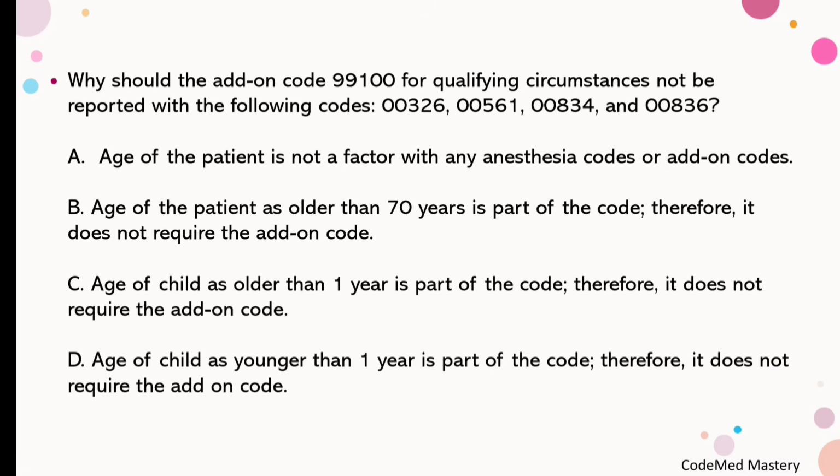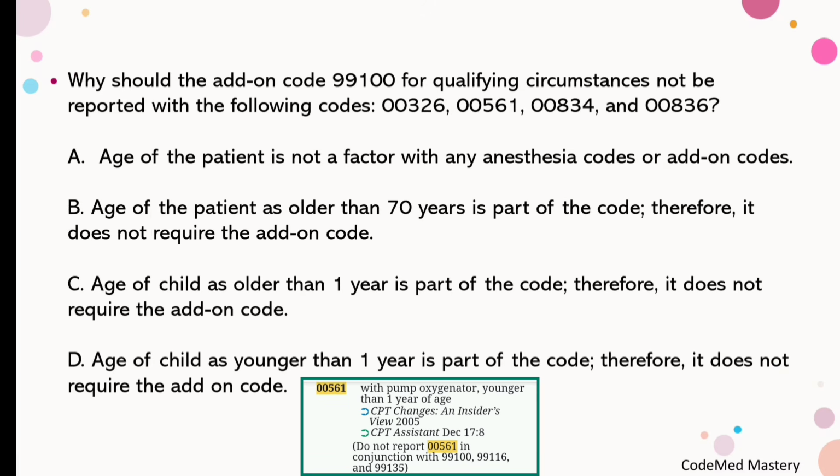Check the next code 00561. 00561 is for anesthesia for procedures on heart, pericardial sac and great vessels of chest with pump oxygenator younger than 1 year of age, and also below that they have given do not report 00561 in conjunction with 99100. Whenever you see parenthetical notes like this, please highlight them.